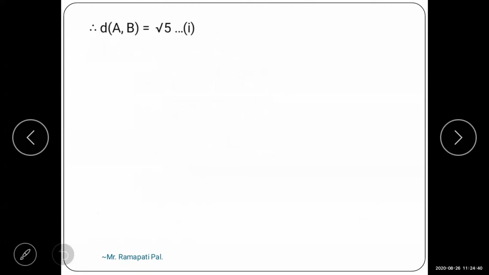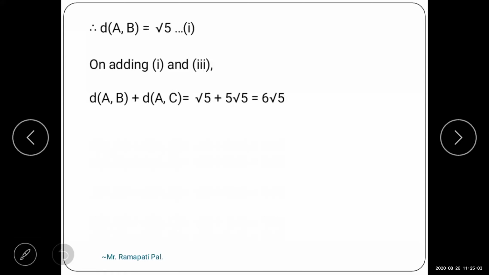On adding equation 1 and equation 3, because equation 1 is root 5 and equation 3 is 5 root 5, what will we get? Distance AB plus distance AC is equal to root 5 plus 5 root 5, which is equal to 6 root 5. Yes or no? So it is equal to whom?